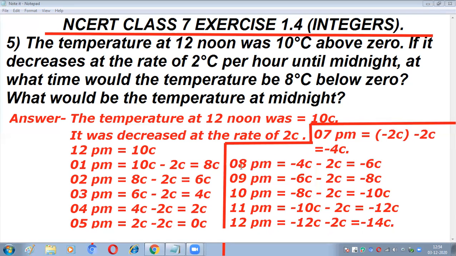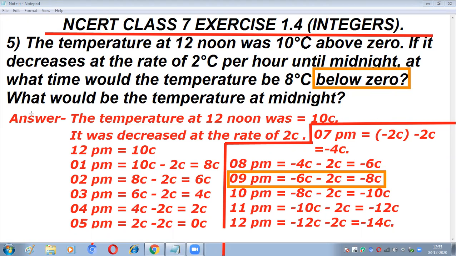At 9 p.m. there is 8 degrees Celsius below 0. That means minus 8. Below 0 means negative. It is coming under negative because here it is already written below 0.